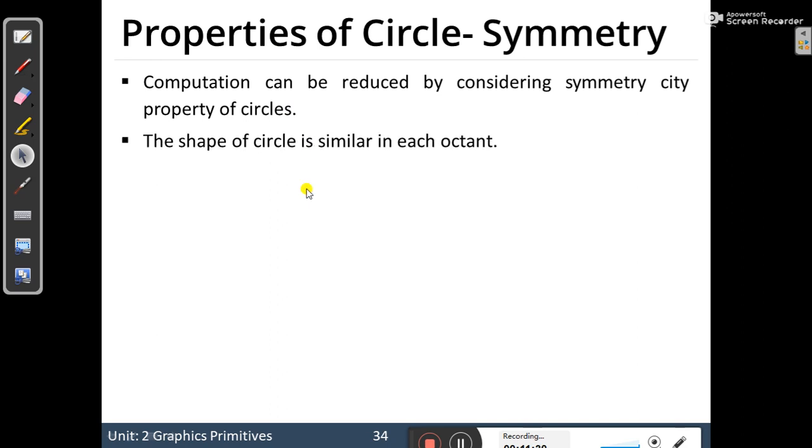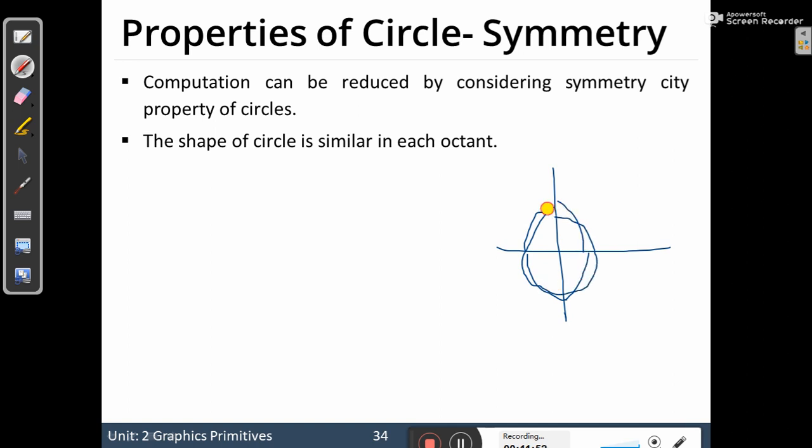Now what is the symmetry property of a circle? The shape of a circle is similar in its octants. So here you can see, suppose this part is similar to, or symmetric with, this part and this part.